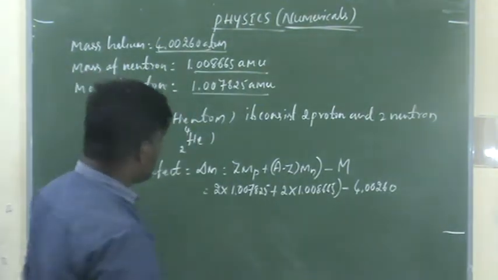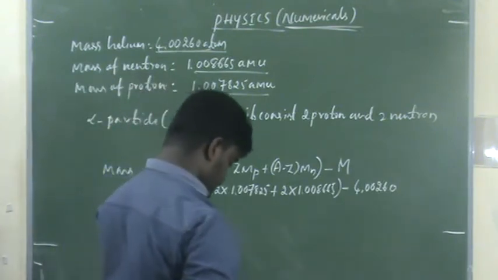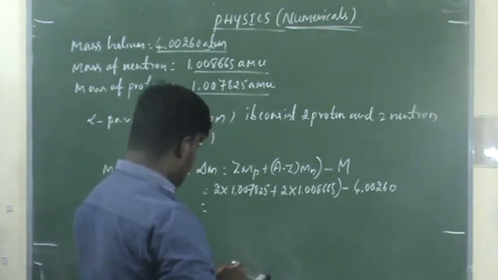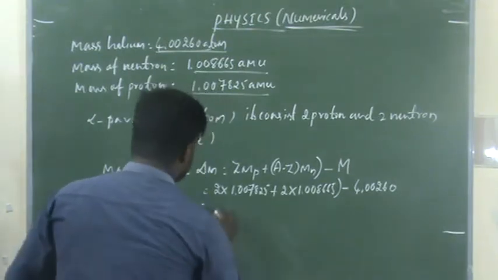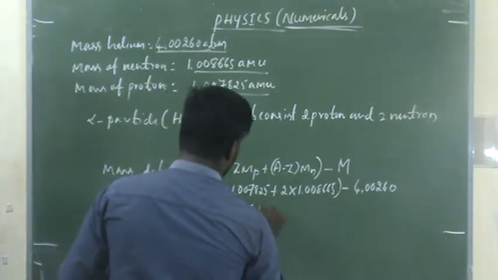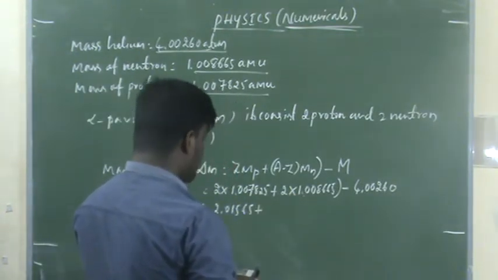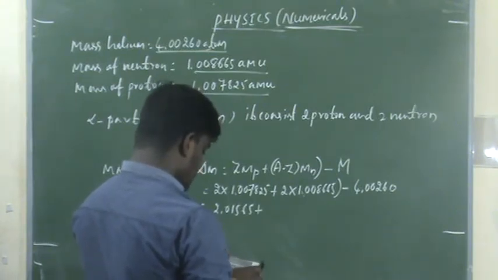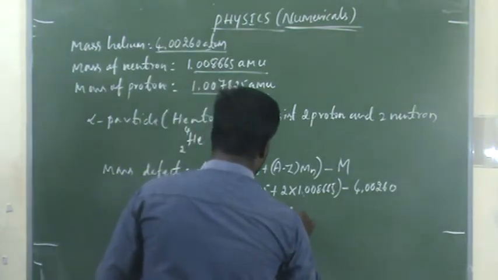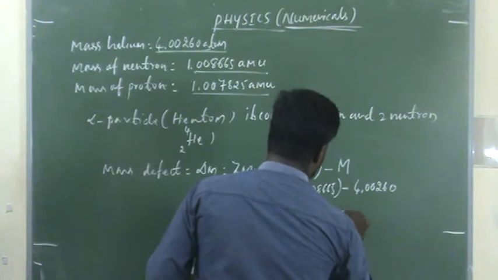So simplify that. 2 into 1.007825 is 2.01565, plus 2 into 1.008665 is 2.01733, minus 4.00260.